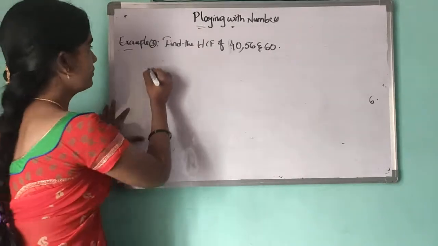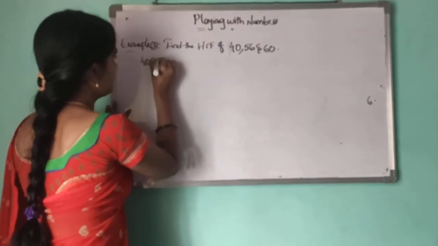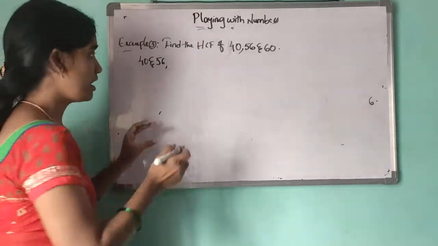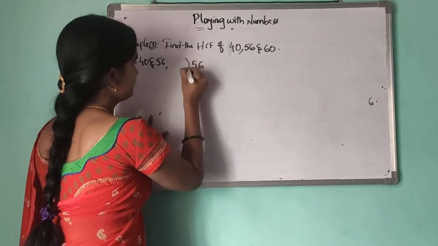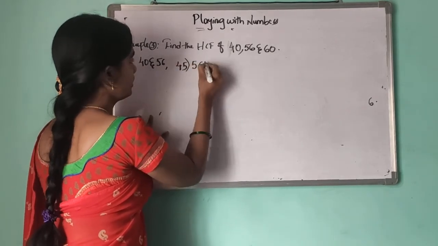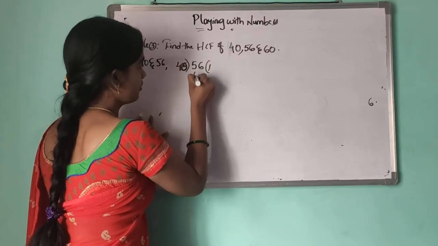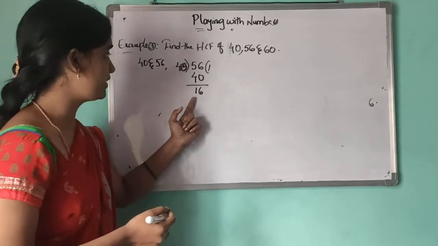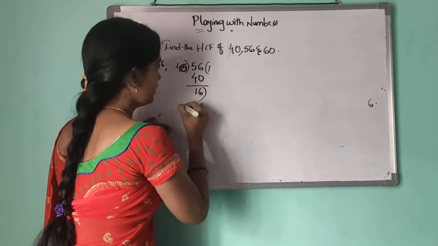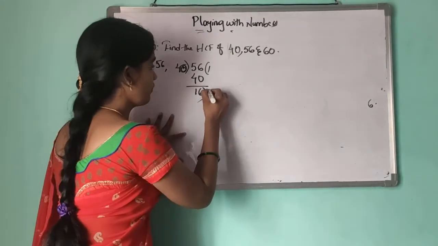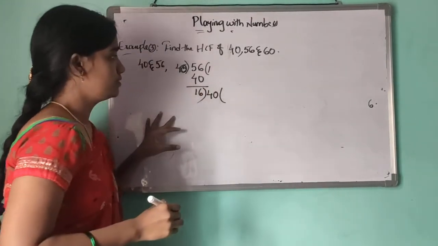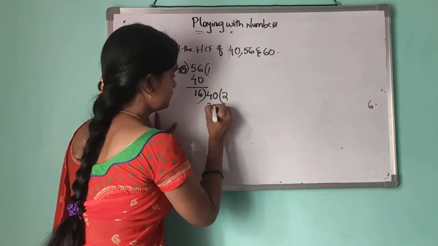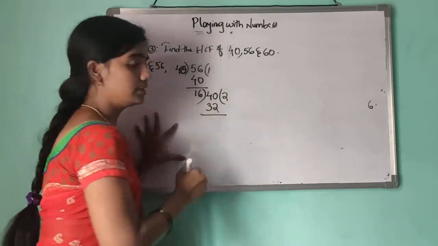Let's find the HCF of 40 and 56. Among these, which is the largest number? 56. 56 is divided by the smaller number, 40. 1 40 is 40, and the remainder is 16. Then 40 is divided by the remainder 16: 2 16s are 32, and the remainder is 8.